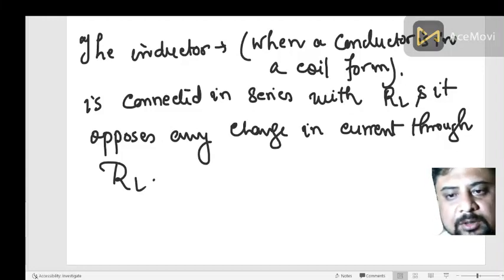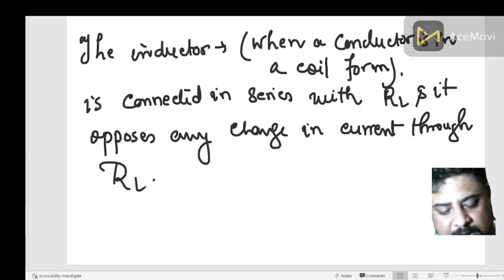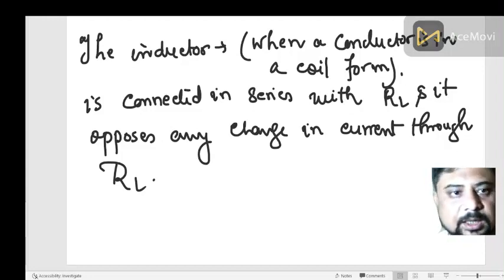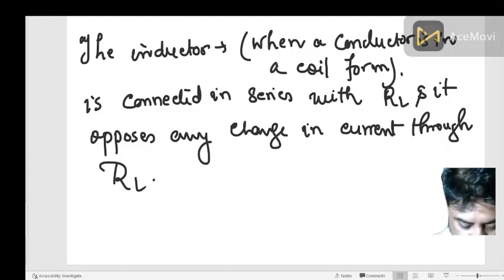And one most important thing, that choke coils are not very often used in 60 Hertz power supply. Initially they were used. That is why I told you in the beginning that choke coils were used in the tube lights many years ago. Let me give you an example.